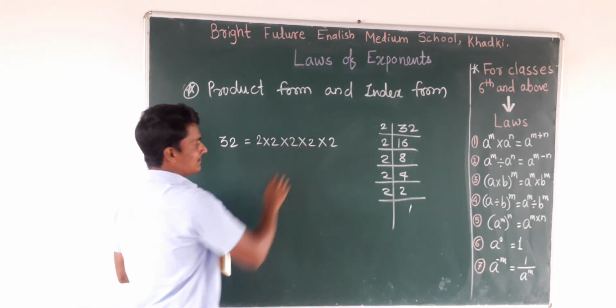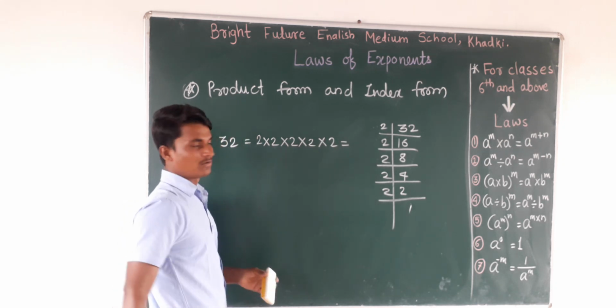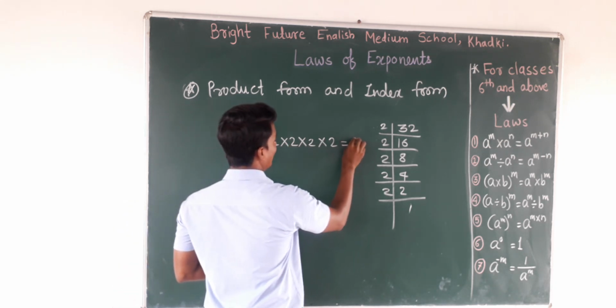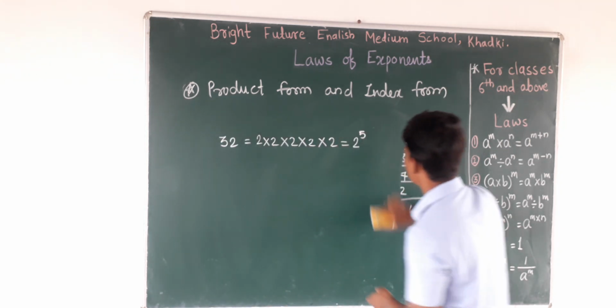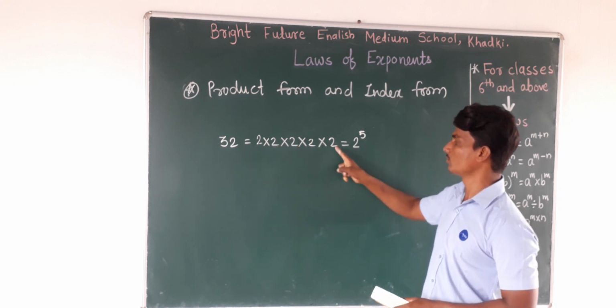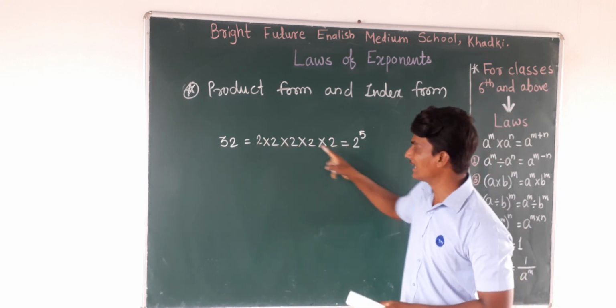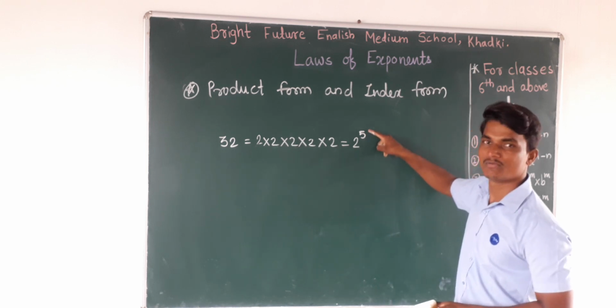So we can write this in this way. There are five 2's, so we can directly write 2 raised to 5. Here 32 we can write as 2 into 2 into 2 into 2 into 2. That means 5 times 2 is there, so we write 2 raised to 5.